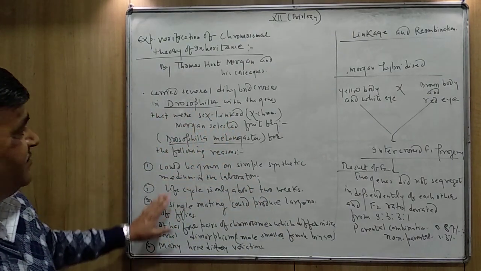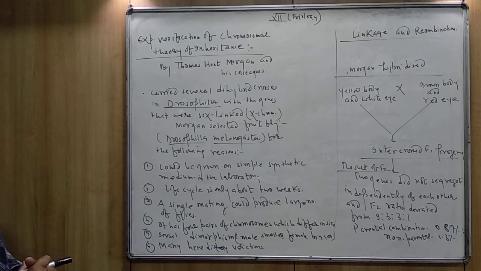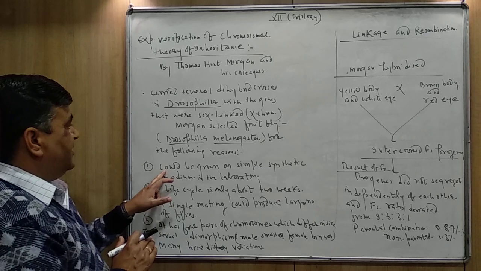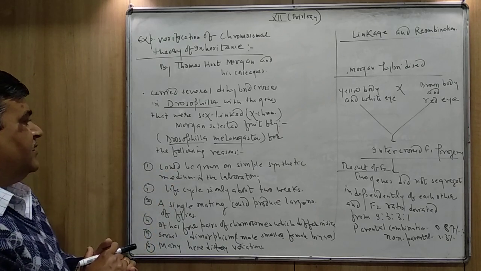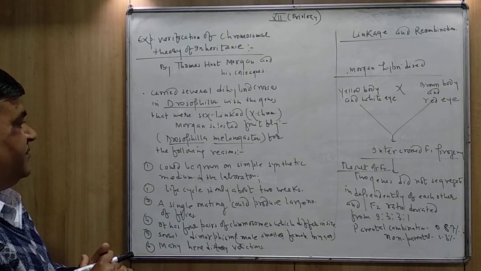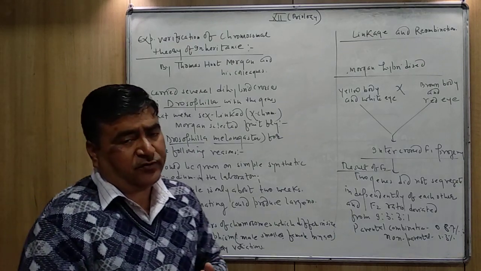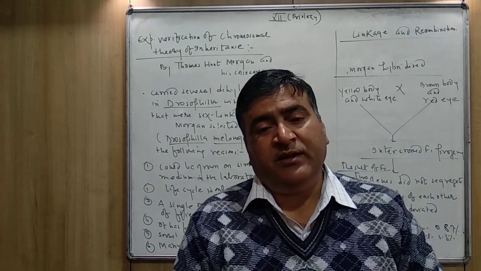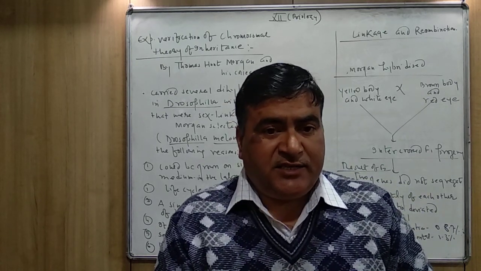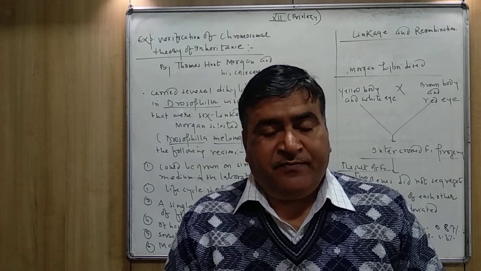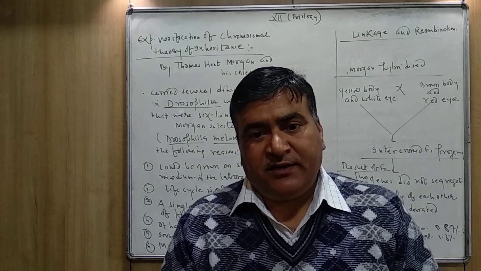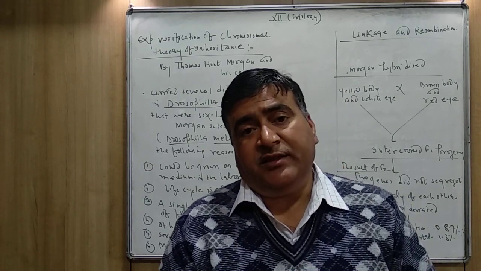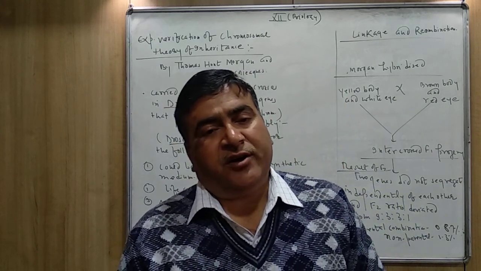Some of the reasons I have written here. Morgan selected the fruit fly for the following reasons: the fruit fly could be grown on a simple synthetic medium in the laboratory. If you add the synthetic medium, the fruit fly can normally grow in it.